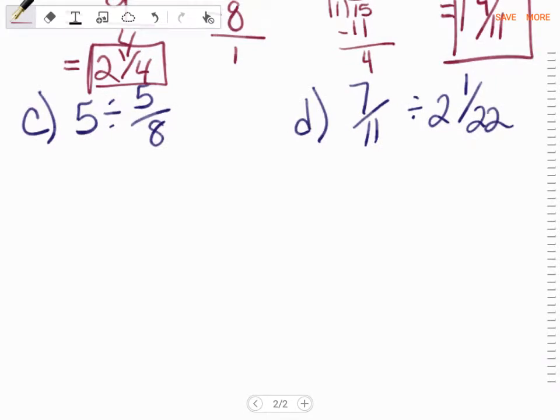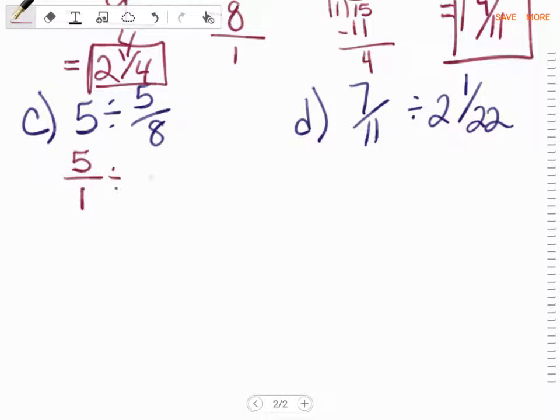Got a couple more here. We have 5 divided by 5/8. So here we have a problem because we have a whole number. Now, I can write this as a fraction, and it's not going to give me any trouble. It's just a little bit of an extra step. So let me go ahead and write this as a fraction. You can write any number as a fraction by just sticking it over 1.